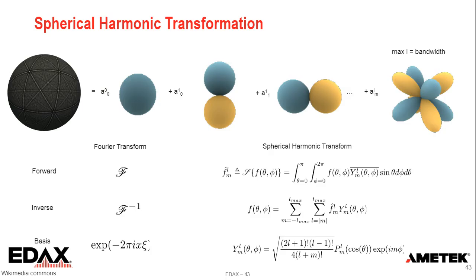The extra complexity basically comes from the fact that whereas the basis function for sines and cosines is this complex exponential, for spherical harmonics it's this Legendre function, which has to be evaluated recursively instead of directly analytically. So it computationally is much more involved, but conceptually is exactly the same thing.